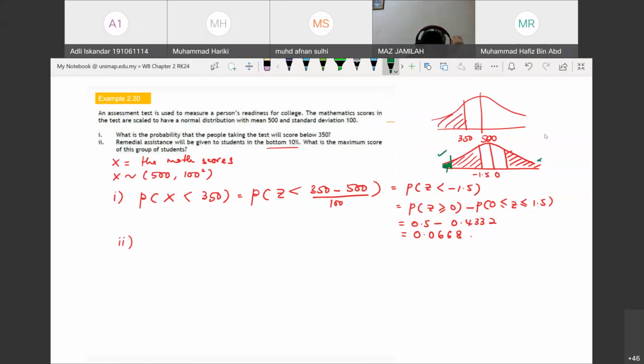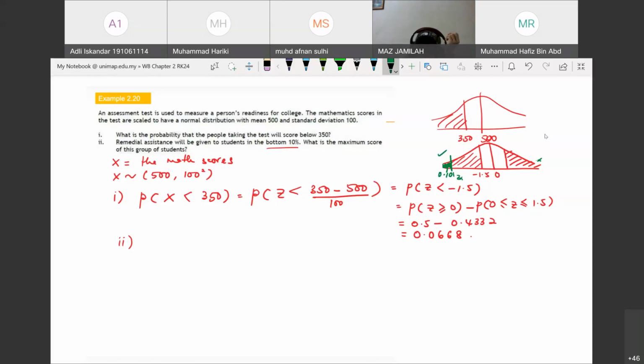So this area will be 0.10, 10%. For those who got here, less than your Z alpha here, they will be having remedial assistance.